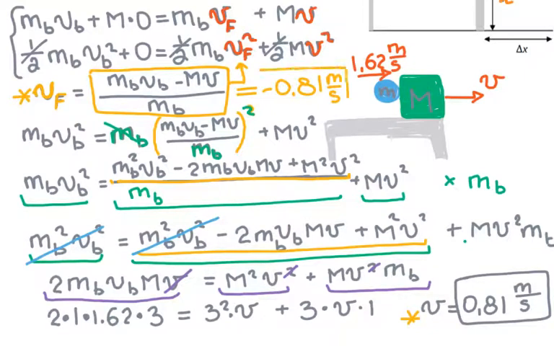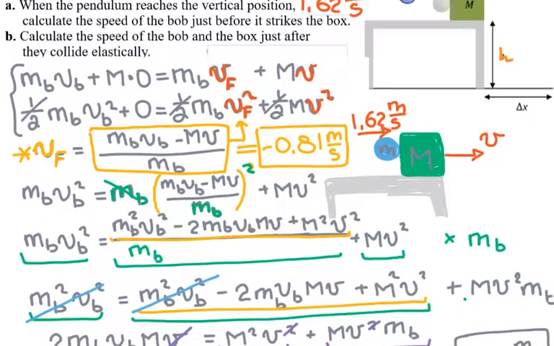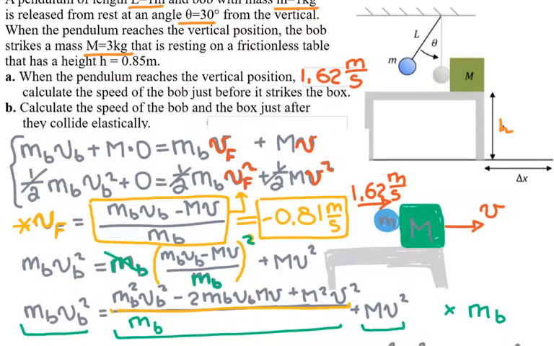So the ball strikes the block, and after the collision, both of them have the same speed, 0.81 meters per second, but in opposite directions. So my answer for this part is that they both have the same velocity: negative 0.81 for the ball and 0.81 for the block.